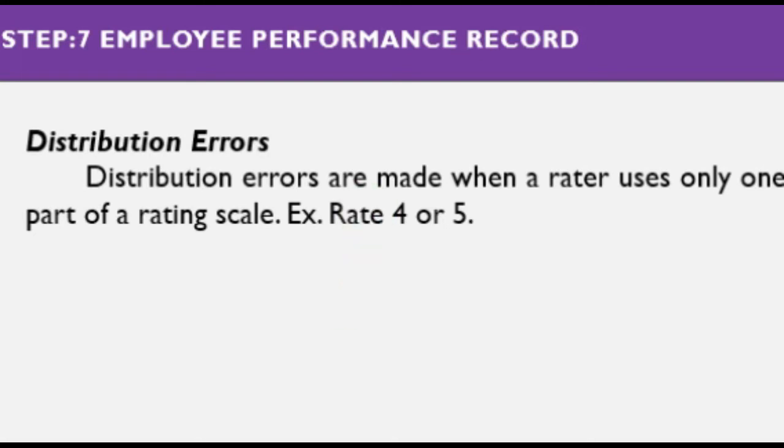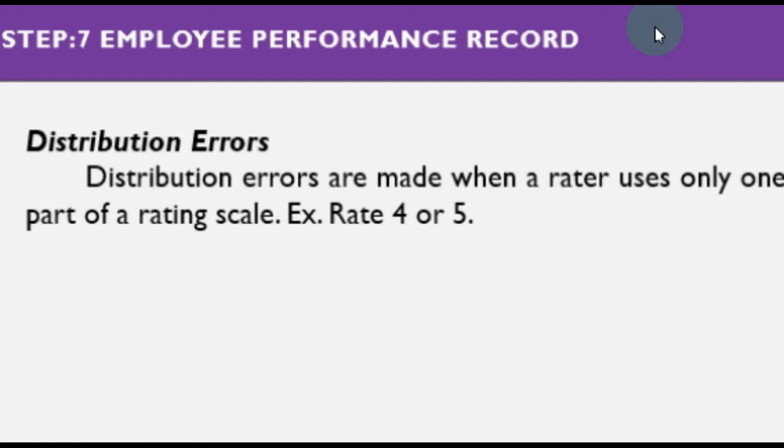Okay, so bakit to kailangan? Okay, so halimbawa, i-relate mo si employee sa distribution error. Kunyari ang rating scale mo is 5 is the highest, 4 is almost highest, 3 is tama lang, 2 is satisfactory, then number 1 is needs improvement.